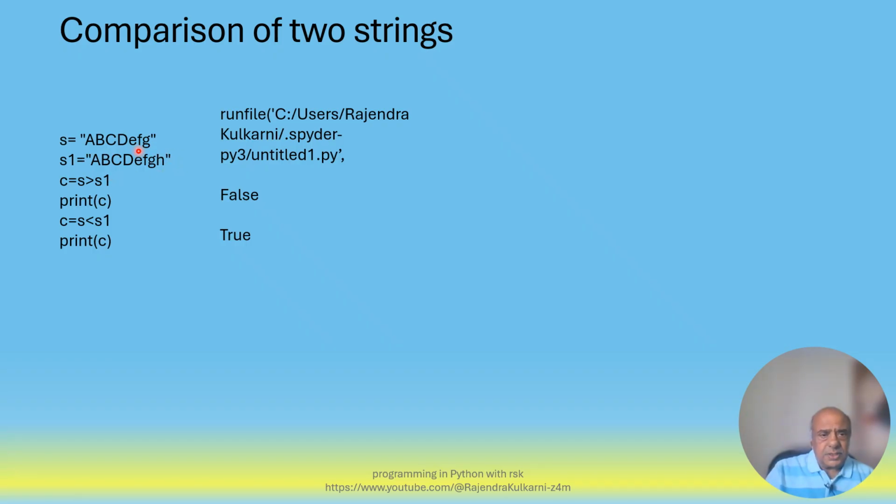We can see ABCDEFG of both strings are equal because ABCD in both strings are capital letters, and EFG in both strings are small case letters, but S1 has an additional letter, which is H here. If we evaluate S greater than S1, we get the result false.